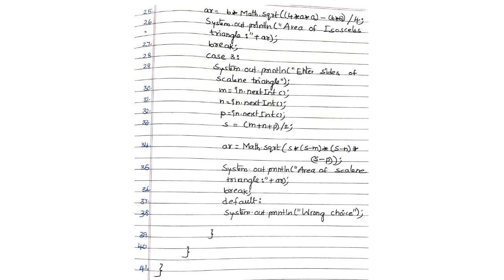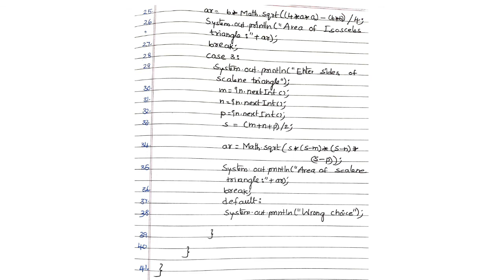Before going to calculate the area of the scalene triangle, we have to calculate s, that is equal to m plus n plus p by 2. That only I have calculated here. s is equal to m plus n plus p by 2, what they have given in the question.